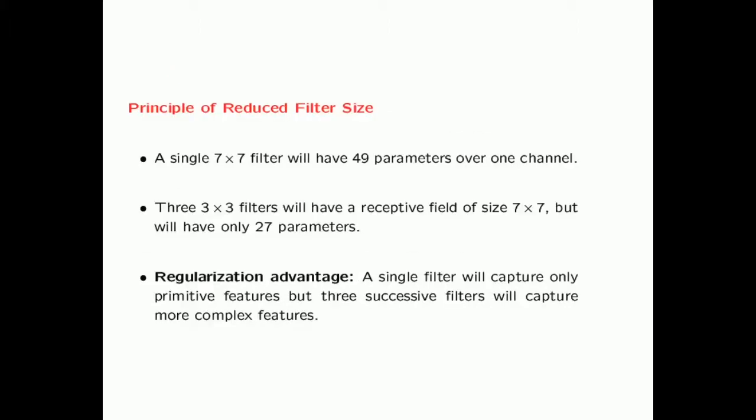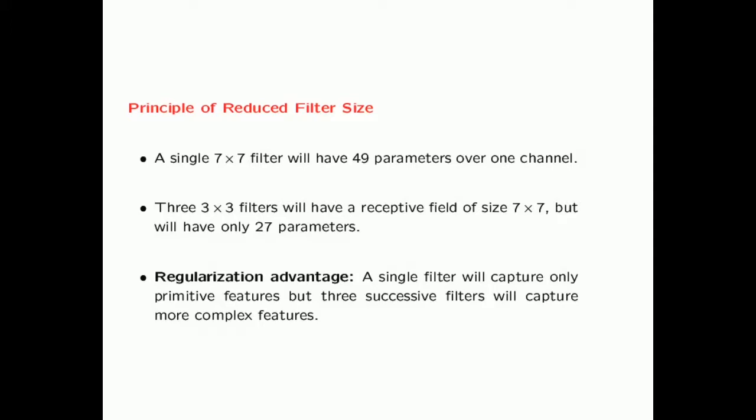Now, why is reduced filter size helpful? One way to look at it is the receptive field of a filter. When you have a 7x7 filter, that means that in the input image, it captures the characteristics of a pixel region of size 7x7. However, with a 7x7 filter, for one channel you will have 49 parameters.